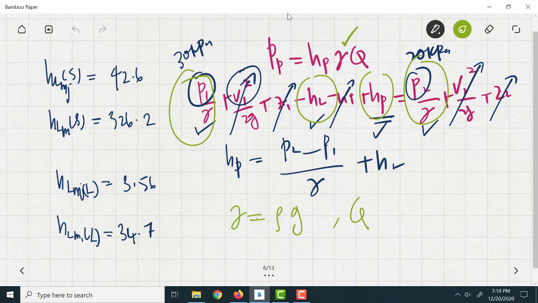Just put in these values and then you can find the power of the pump.